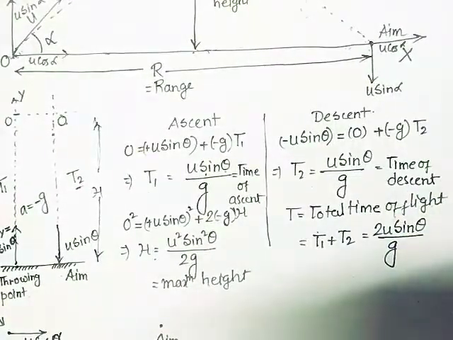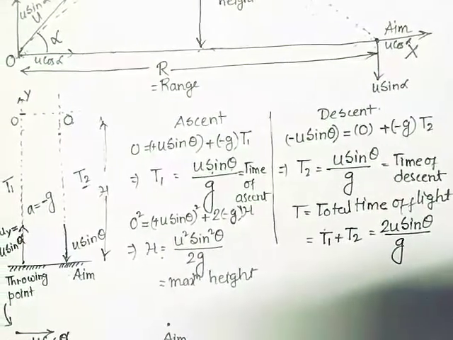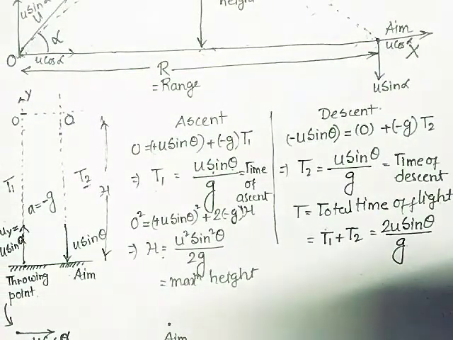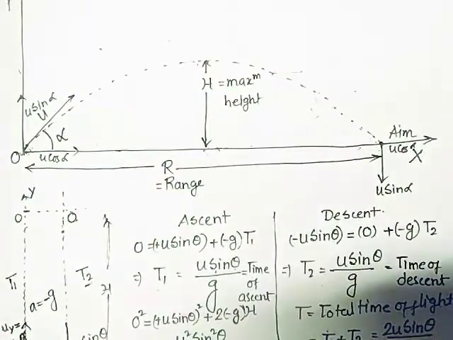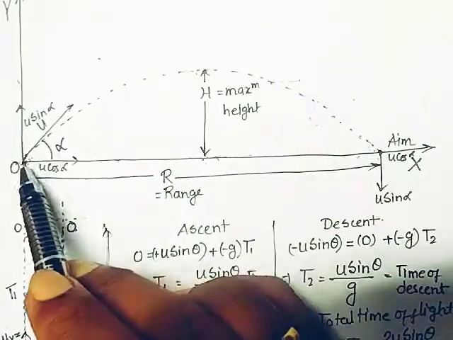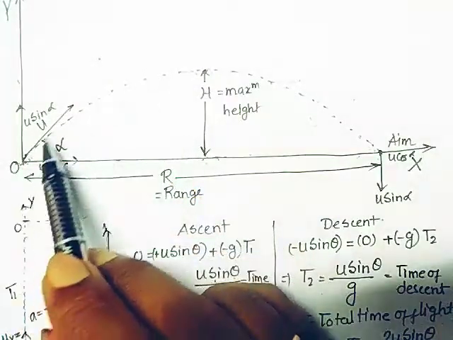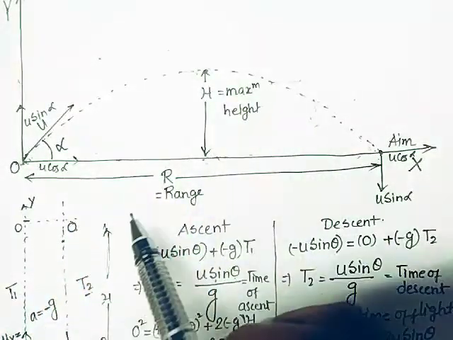Now you tell me, we are analyzing one single two-dimensional motion by separating it into two dimensions. One is along the horizontal and this along the vertical. Now just look here and tell me if the particle is actually executing this motion.